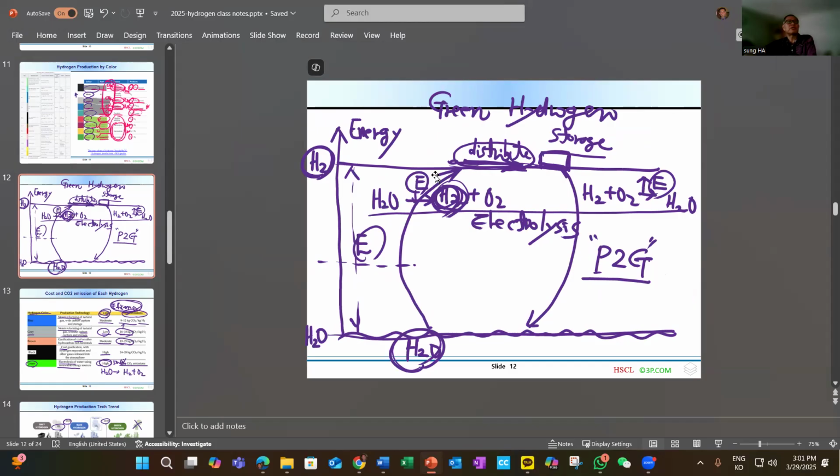So this is the procedure of electrolysis. As you can see, a PEM method and alkaline method. And then the energy level of the H2 is a lot higher.